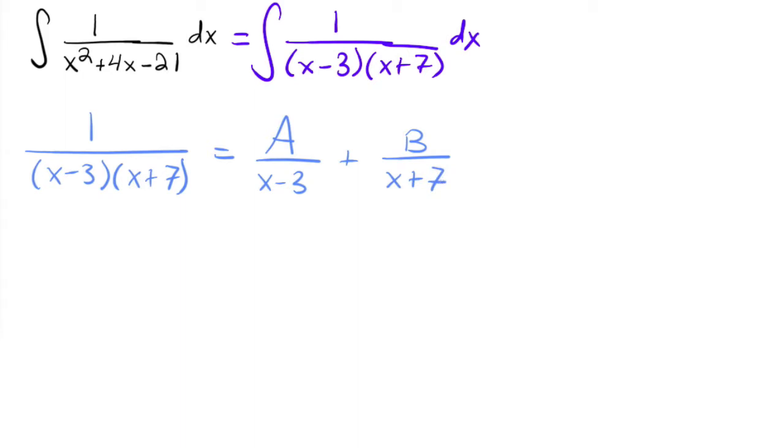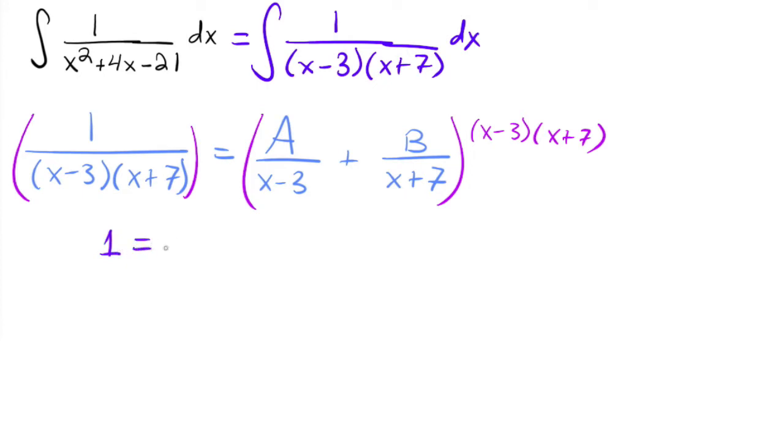Then we are looking for what these numbers A and B are. So what we do is multiply both sides by the common denominator, which is always the denominator over here. And so what we end up getting is that 1 is equal to A times (x plus 7) plus B times (x minus 3).